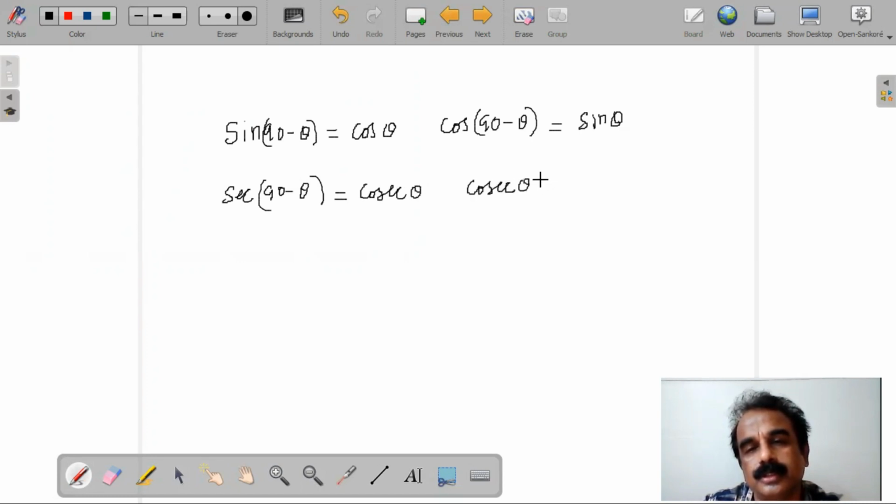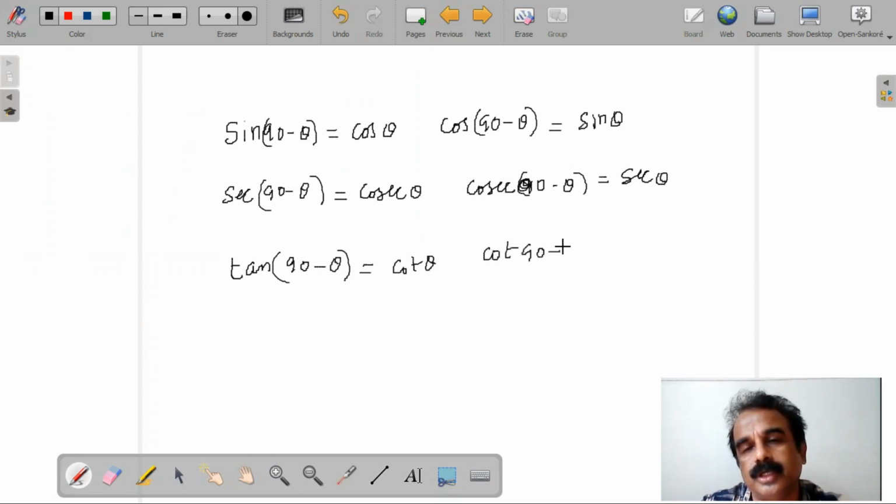Cosec 90 minus theta is sec theta. Tan 90 minus theta is cot theta. Cot 90 minus theta is tan theta.